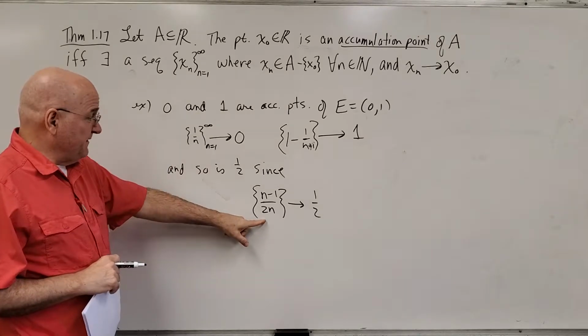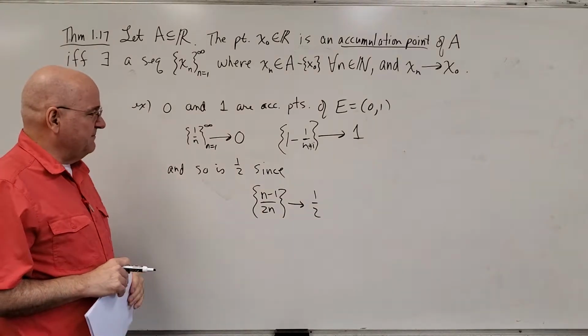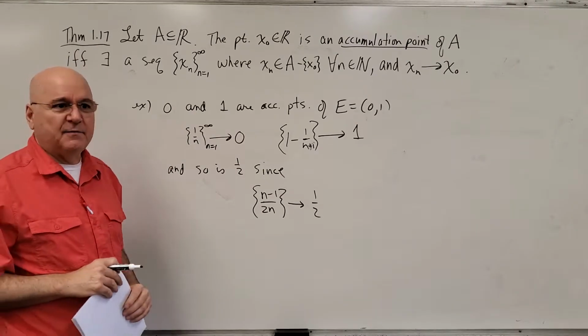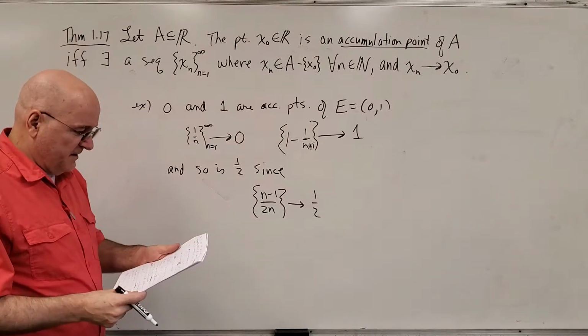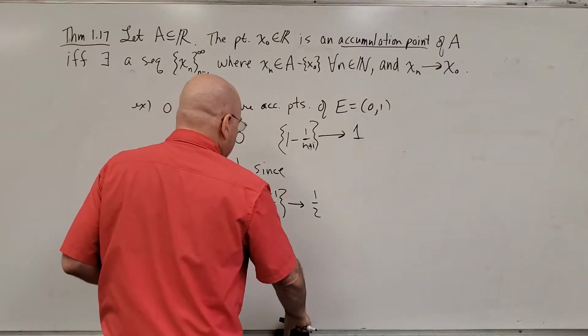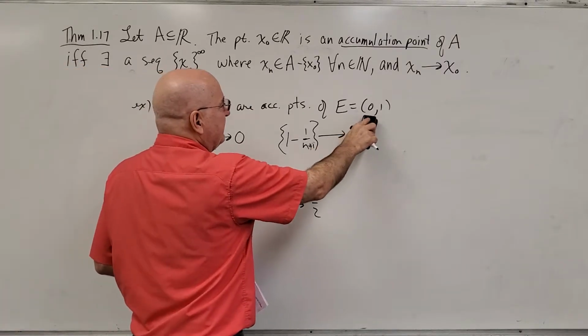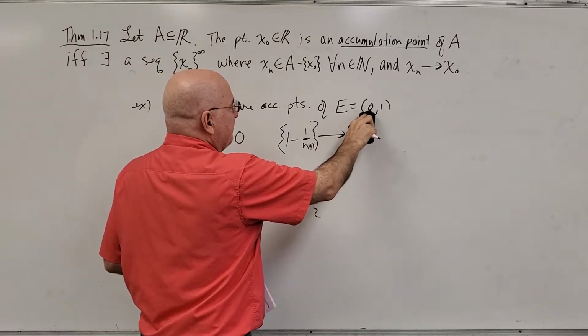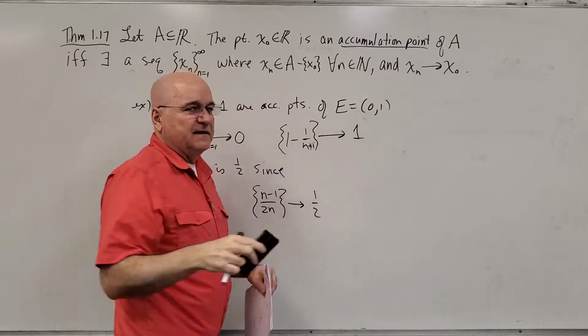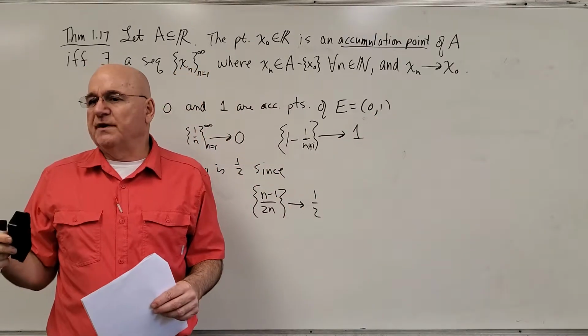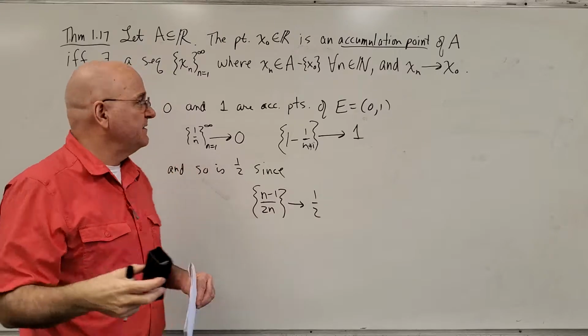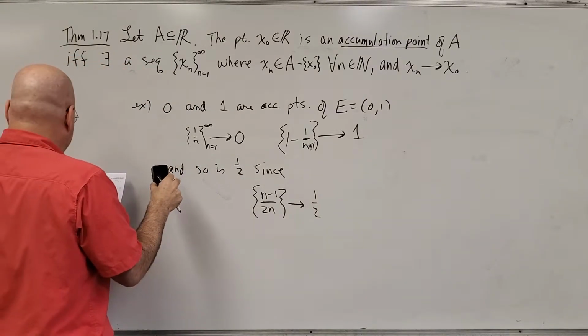So as n goes to infinity, there are several ways we could prove this, but I think we can all see that that converges to 1/2. So all three of those points are accumulation points. And I think we looked at this example a couple weeks back. In fact, every single element in the closed interval from 0 to 1 would be an accumulation point of the set E in this example.